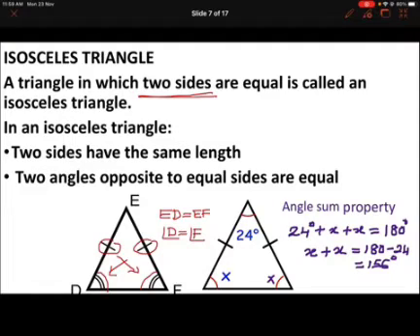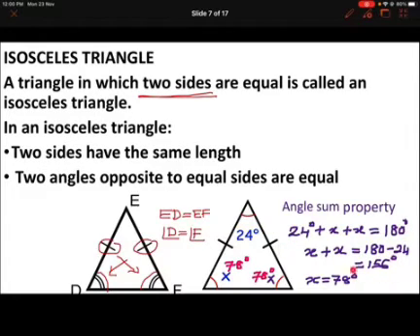That means each of these angles, that is x and x, they should be equal, is it not? So each of them is 78 degrees. I hope all of you understood this, children. How we got 78 and 78? Using only one angle. Very simple. Because this is an isosceles triangle, the first hint we got is that this angle, that is x here, and this one should be equal.